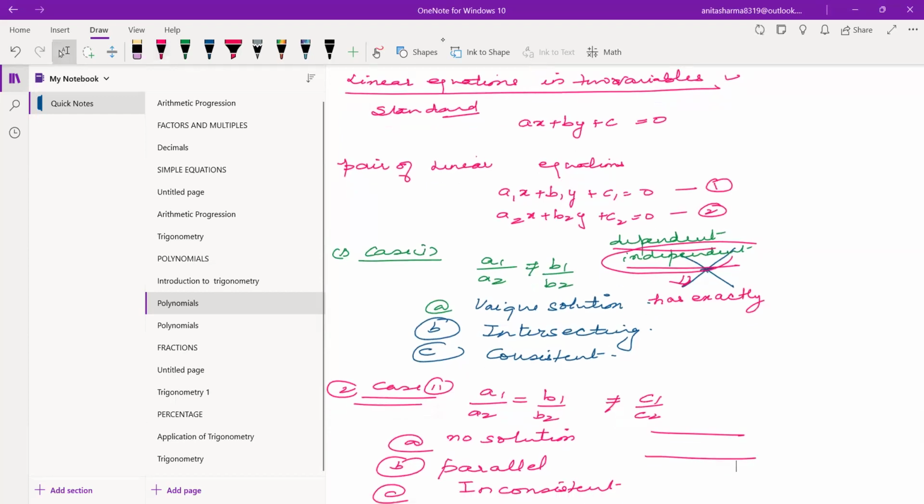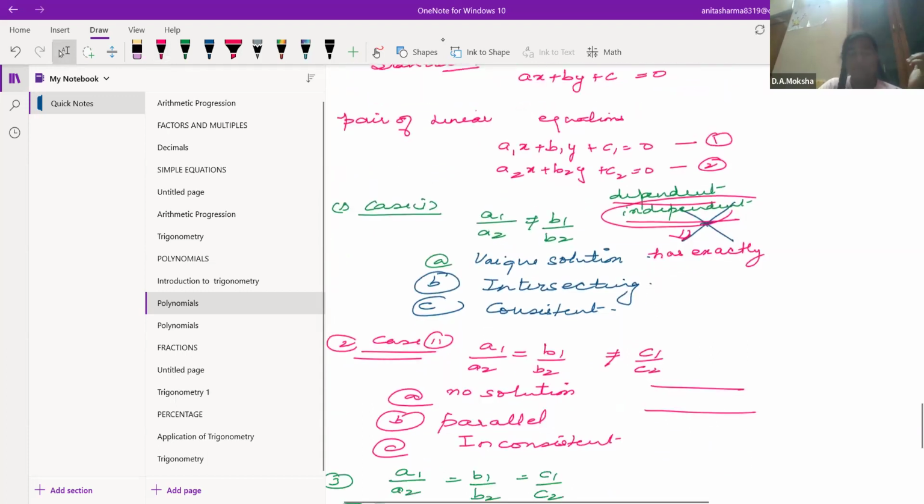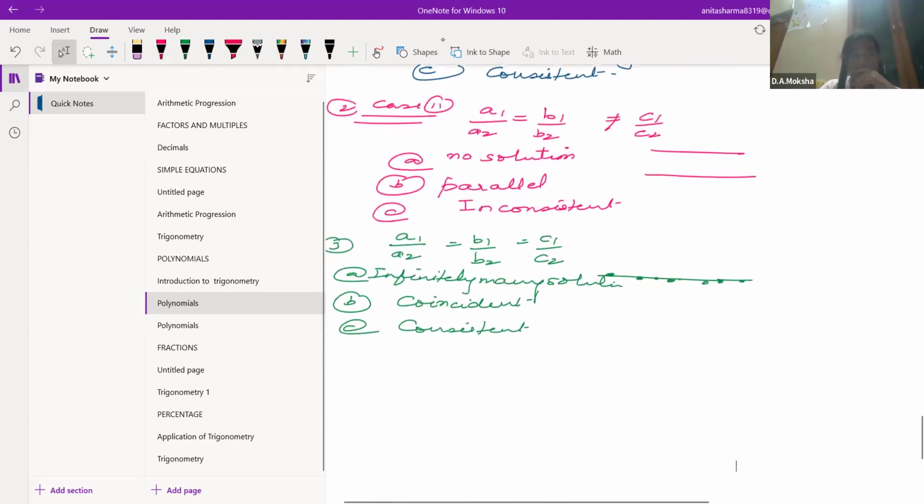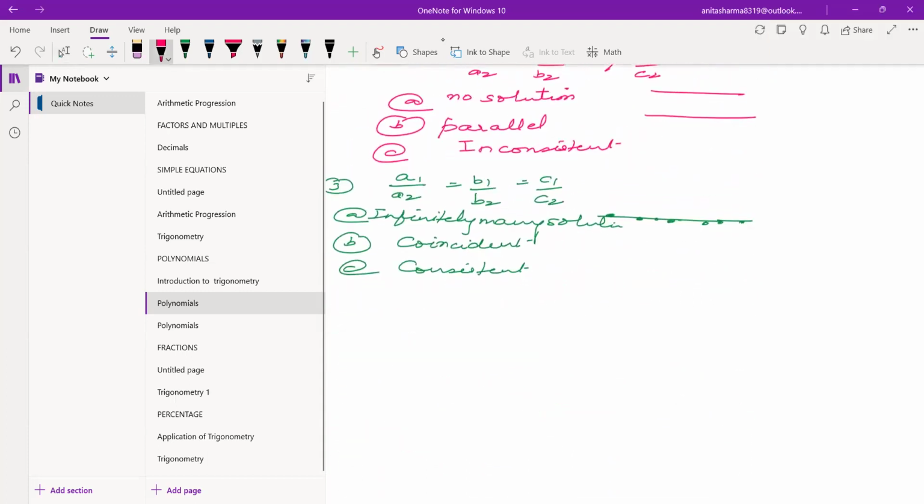Children, may I scroll down? Yes, ma'am. Now see, independent and dependent. For independent, when equations have exactly one solution.